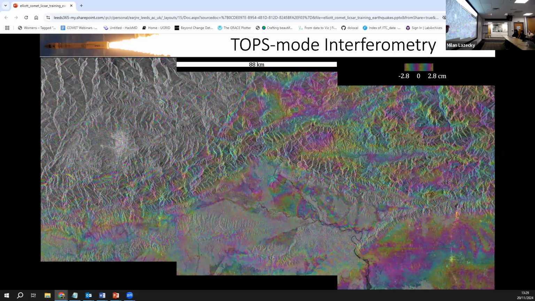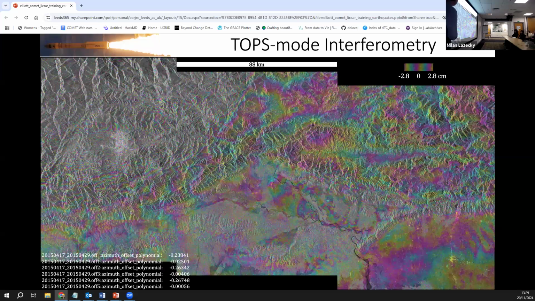So you had to do this enhanced spectral diversity method, which shifted the two images so they overlap perfectly to within a thousandth of a pixel, which is no mean feat, so that they then interfere correctly, and you can build up this pattern. And as you increase the number of steps you do to enhance that, you can see that it becomes a bit more coherent.